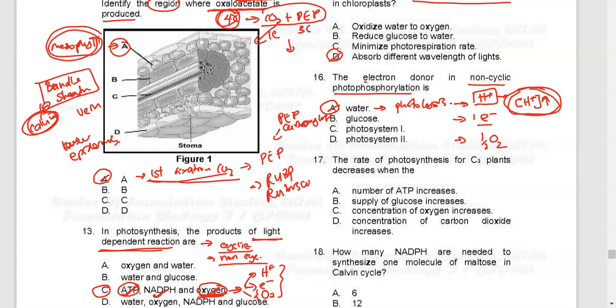And then the electrons will be received by P680 plus, in the oxidized form. So the P680 plus will receive the electron and become the reduced form, which is P680.